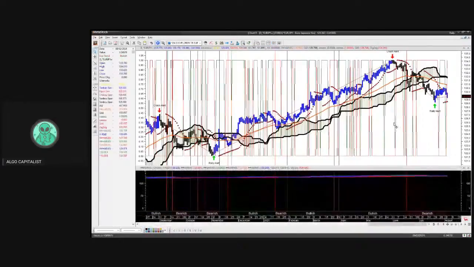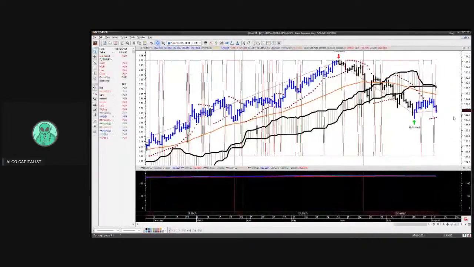Here is the euro yen. So the euro yen is in a bearish zone, in the red zone, but the US stock indices are in more of a bullish environment. You can see here where the bulls are keeping the market afloat right now and trying to flip and get some momentum going back up toward the overhead trend line resistance. 131 has been a target that the market is desperately trying to get back up to.